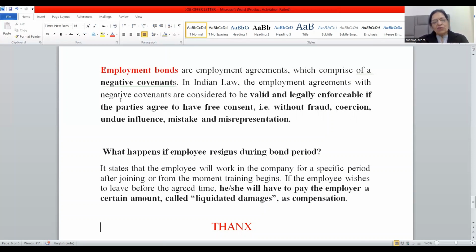Because he is not going to complete that bond period and he wants to leave the company, which may result in certain loss to the employer, because the employer incurred a lot of expenses in order to provide him the training. And whatever loss is suffered, the employee has to compensate the employer for the loss. And this compensation is known as liquidated damages.